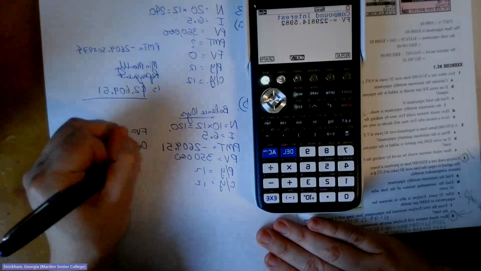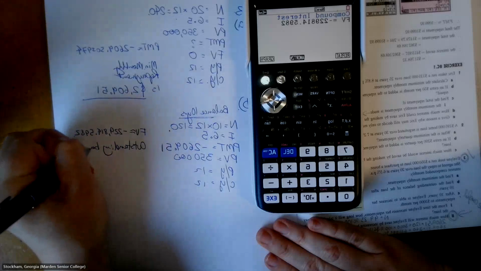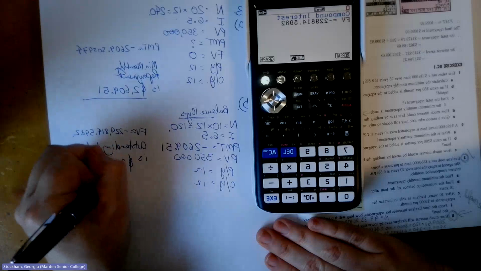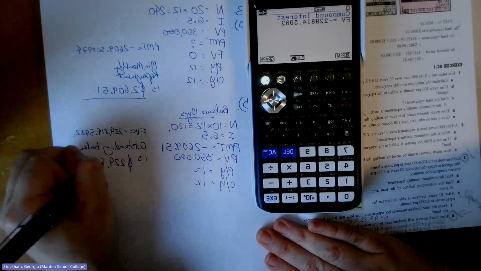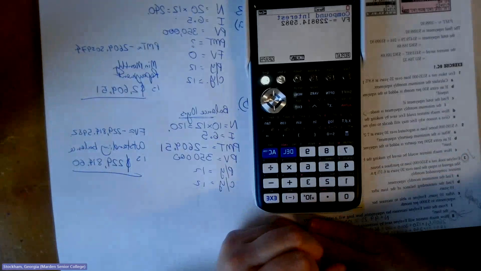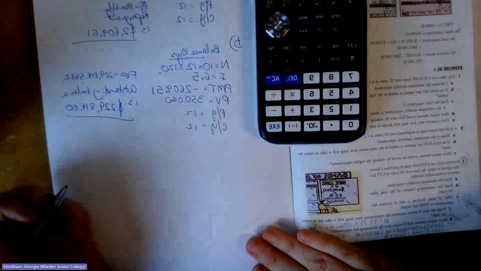So the outstanding balance is $229,814.60. We're going to round up there. Okay, so that's our outstanding balance after 10 years.